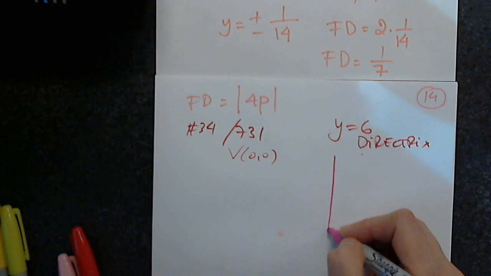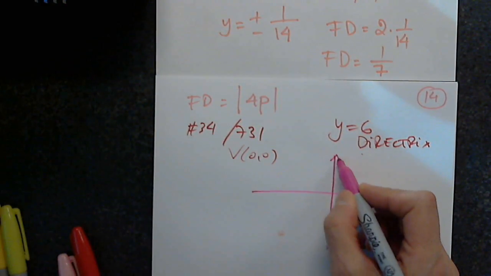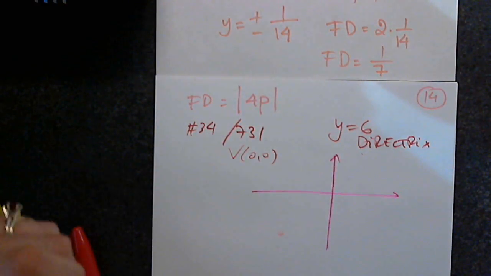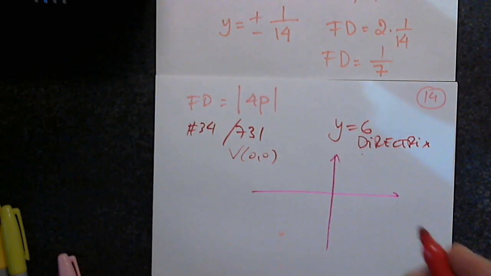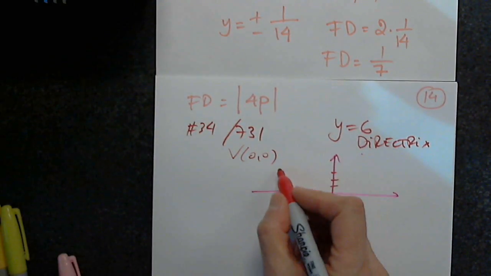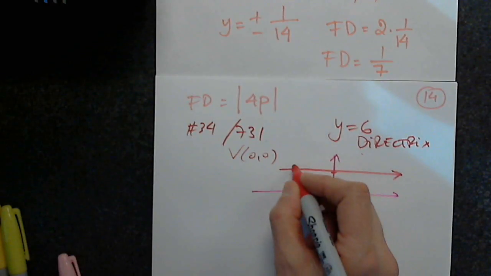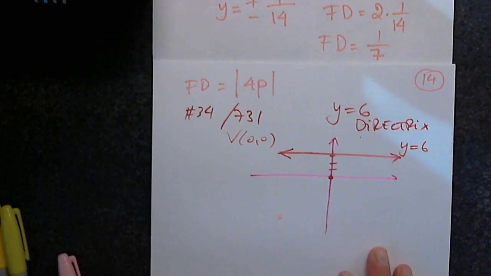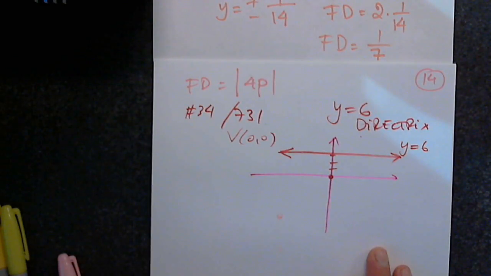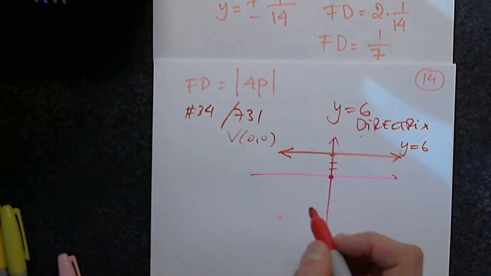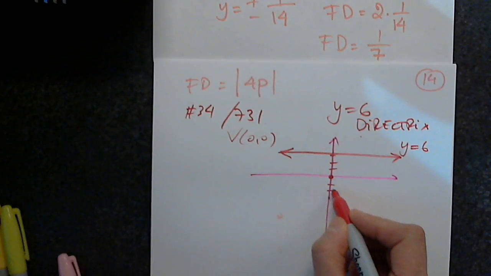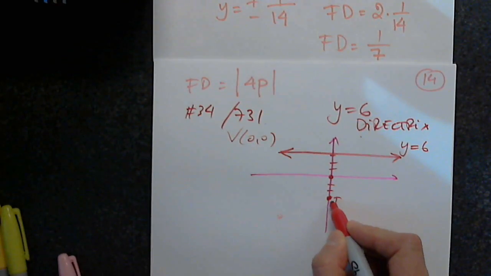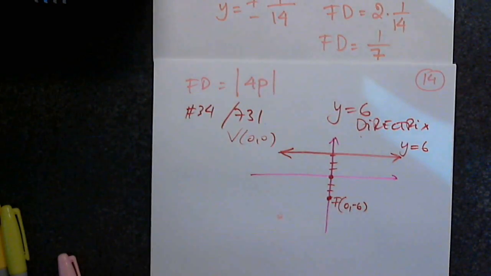So let's look at what can happen here. The directrix is y equals 6, so the focus is at (0, -6).